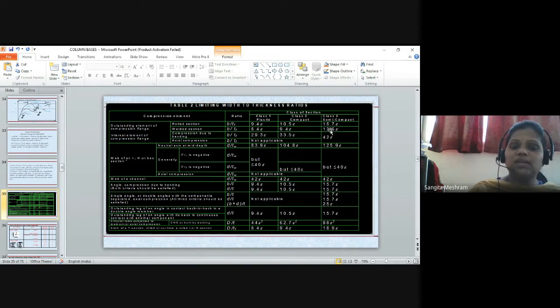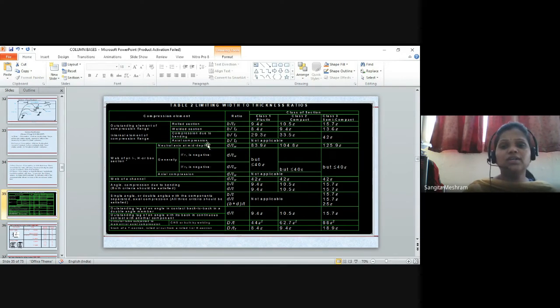This table is used to classify the section according to the calculated value, b by tf or b by tw. It is less than 9.4, less than 10.5, or less than 15.7. So it is plastic, compact, and semi-compact section.